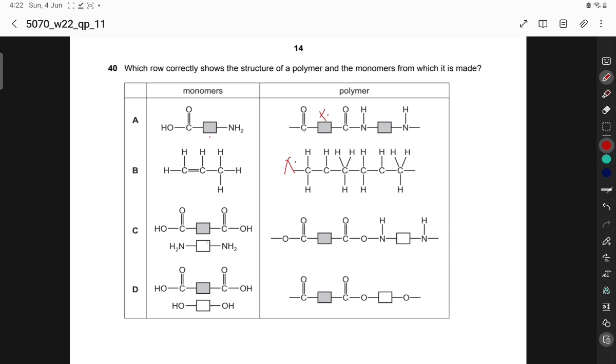This has two monomers, C double bond O. No, this is incorrect. C double bond O, and dicarboxylic acid and diol, this is correct because from here OH and OH, and by joining this C double bond O and then this molecule, this is the correct one. D option is the correct option.